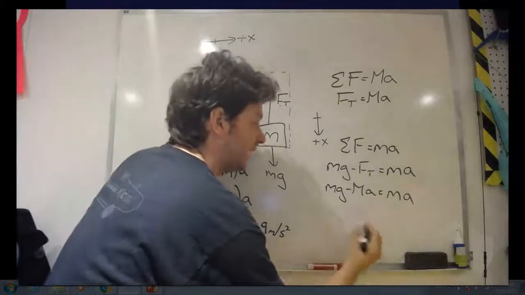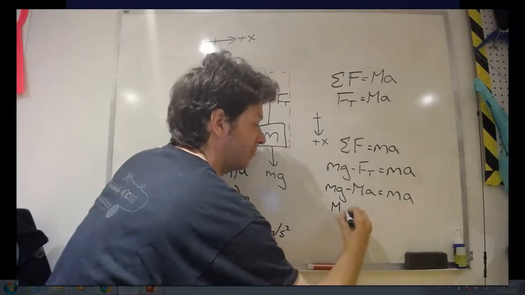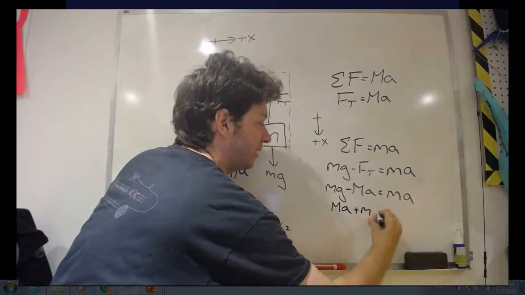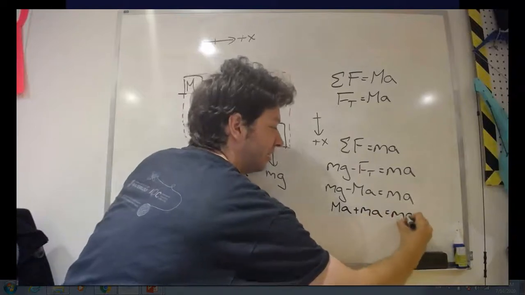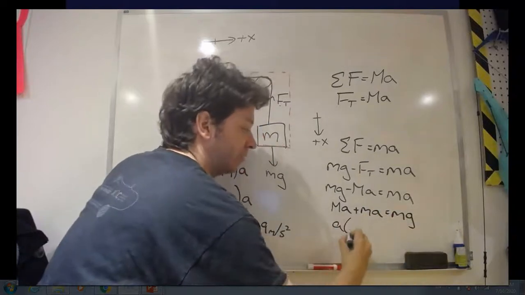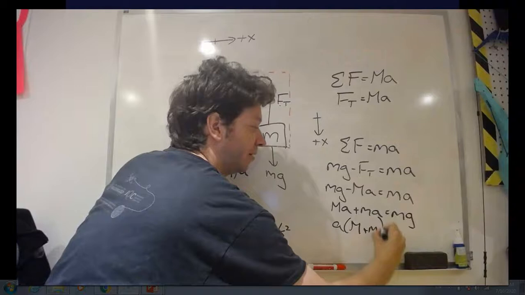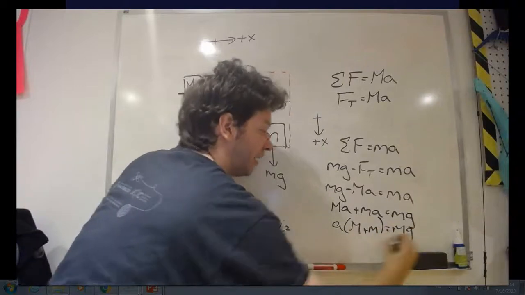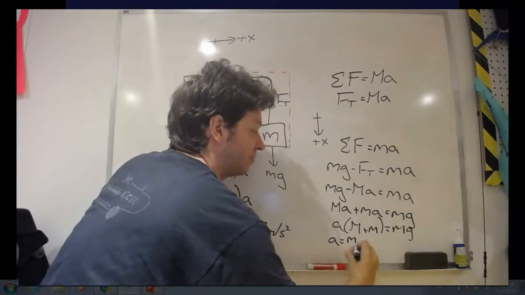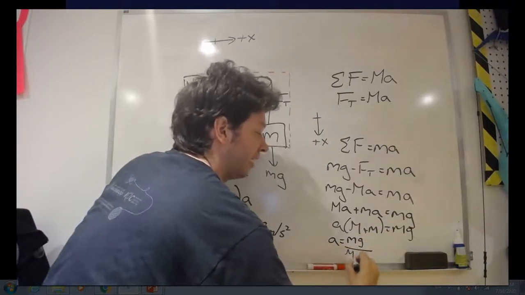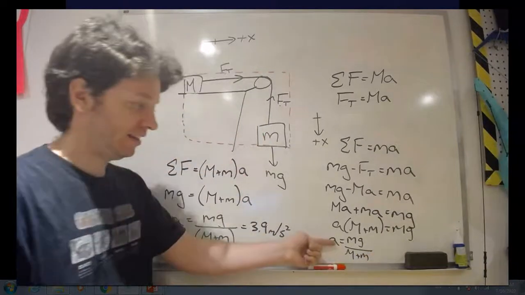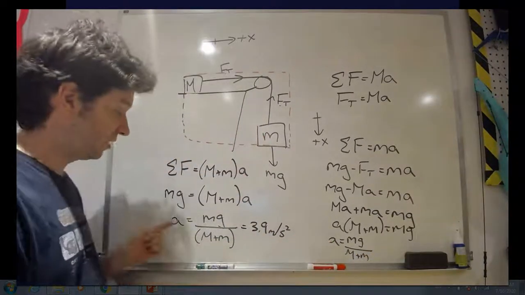So we're going to have Ma plus small ma equals small mg. Factor out the a, which is big M plus little m, equals mg, and divide. So a equals mg over M plus m. And there, same equation we got here.